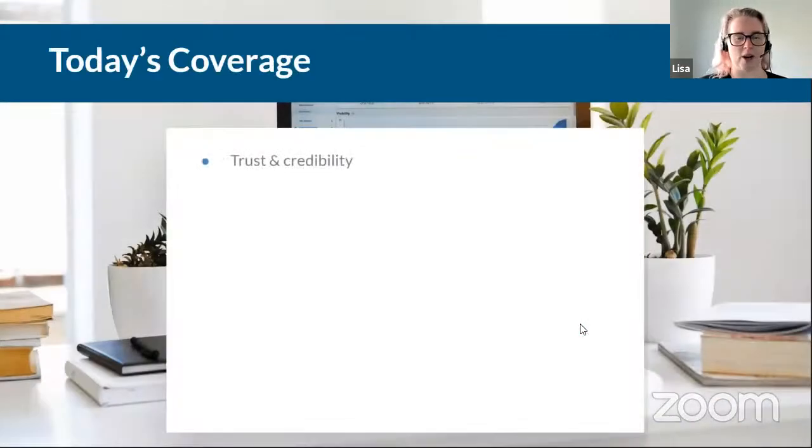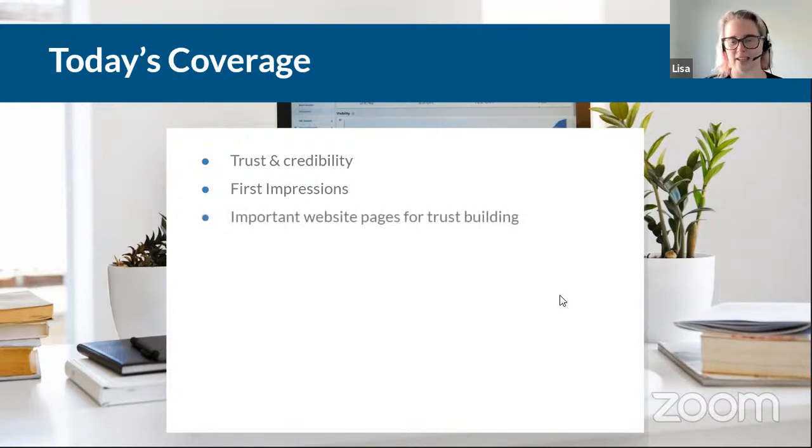Now, to break that down, first we're going to talk about trust and credibility, because that is really what gets someone to purchase from you or choose you as their service provider. Then we're going to quickly touch on first impressions, because there are some aspects that you do need to make sure are covered on your website. And then we're going to hit the important website pages for trust building.